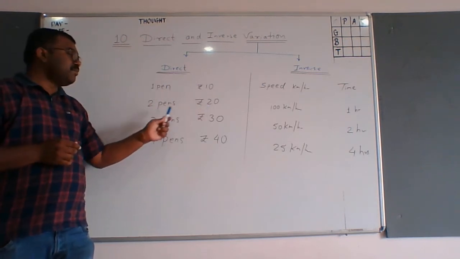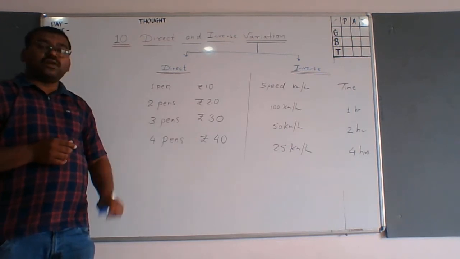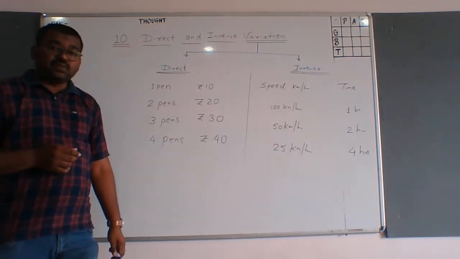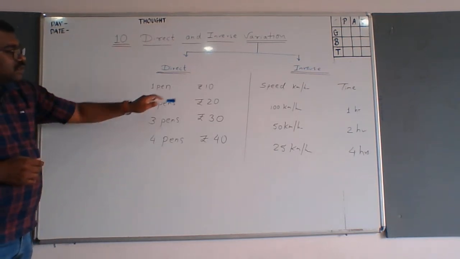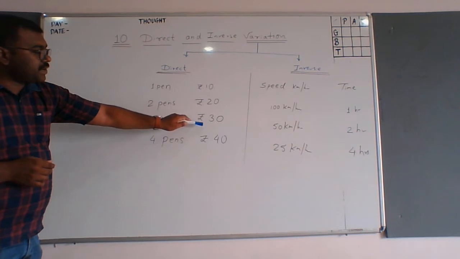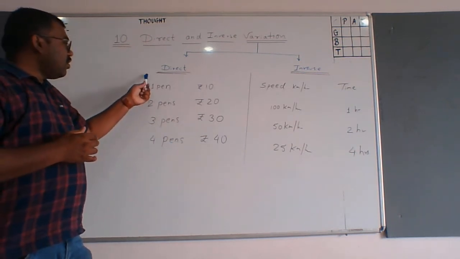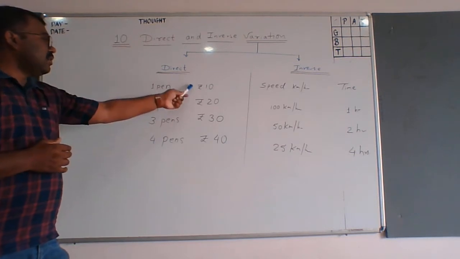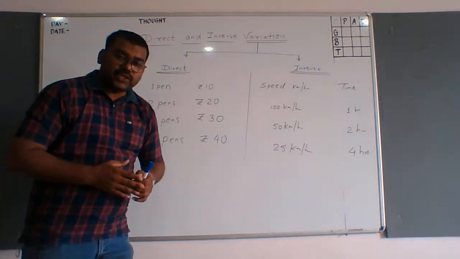Three pens, 30 rupees. Four pens, 40 rupees. That means if we increase the number of pens, the cost also increases. So if one quantity increases, the second quantity also increases. It is called direct variation.